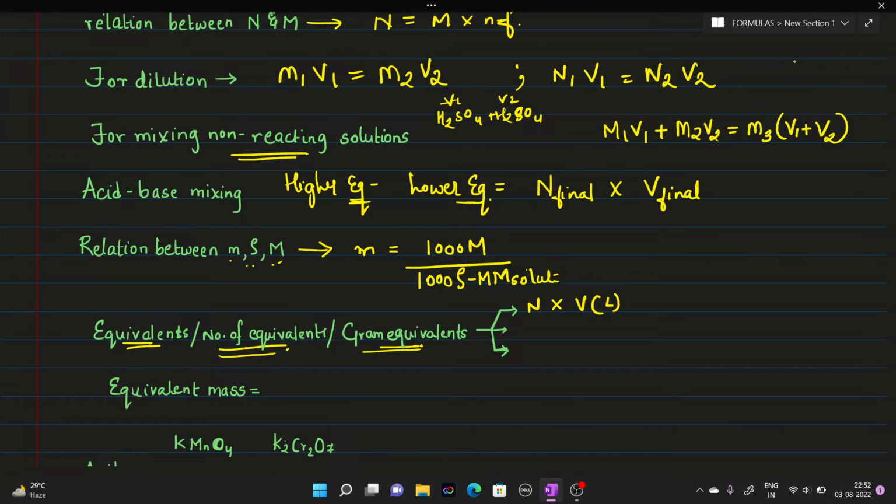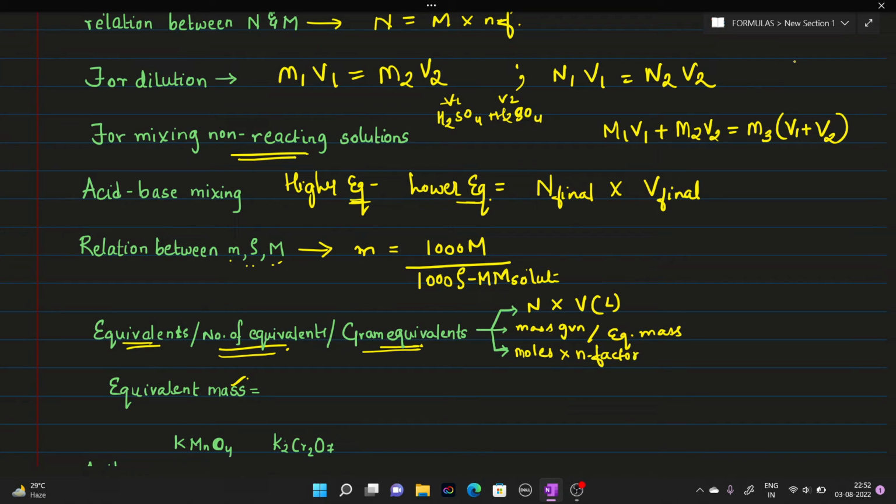That is the first formula. The second formula is mass given divided by equivalent mass. Equivalent mass is a new topic which we'll see over here. And the third formula is moles multiplied by N factor.